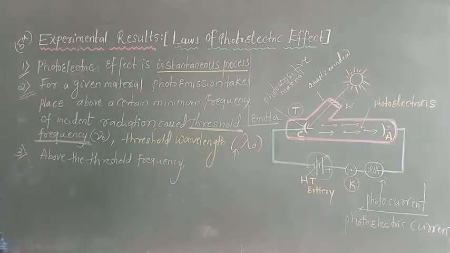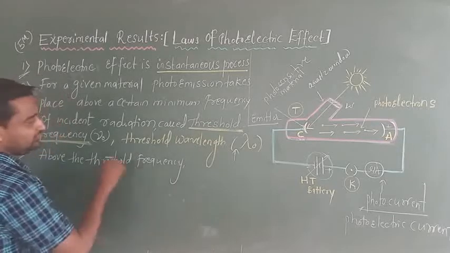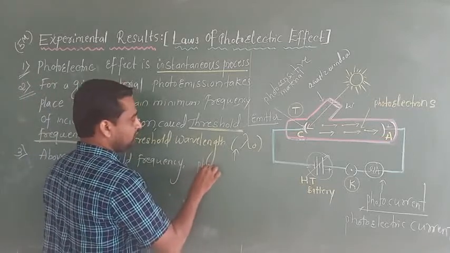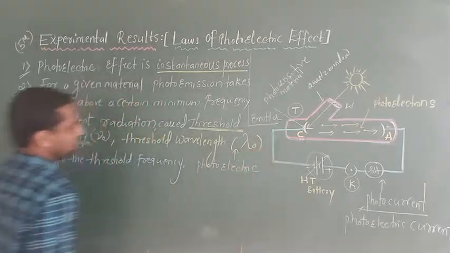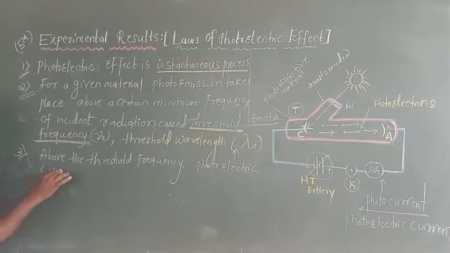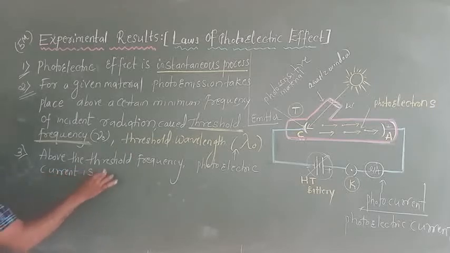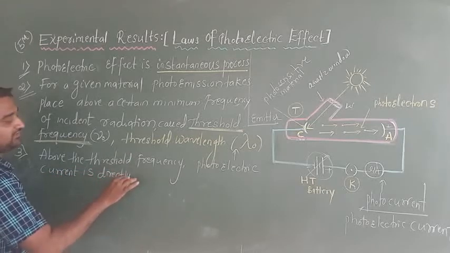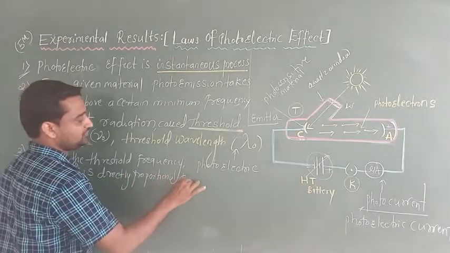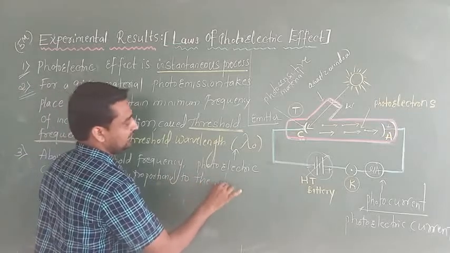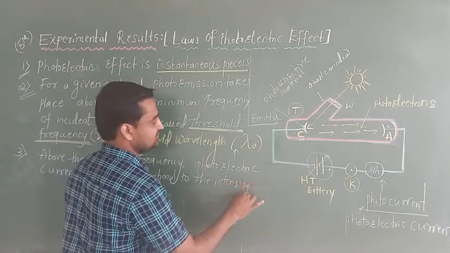For a given photosensitive material, above the threshold frequency, photocurrent or photoelectric current is directly proportional to the intensity of incident radiation.